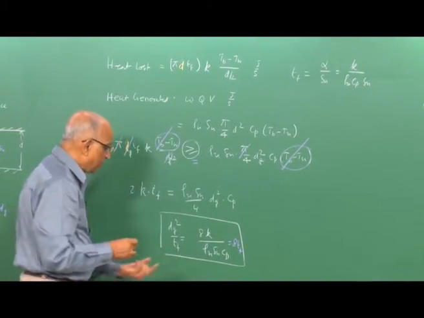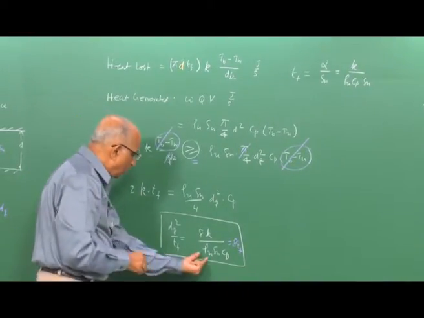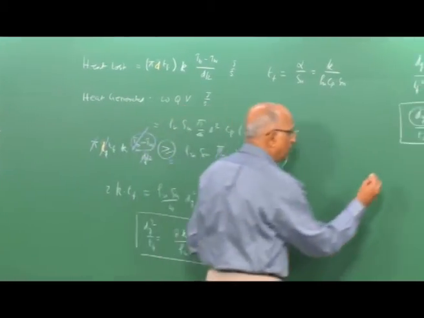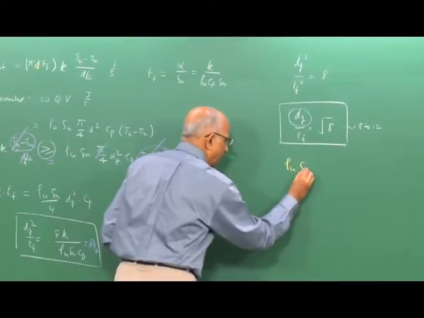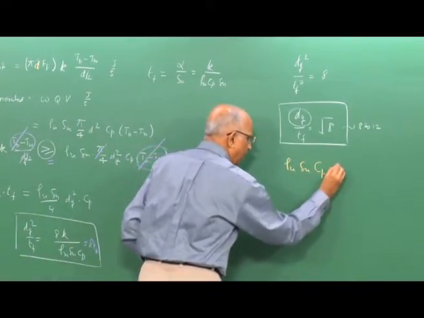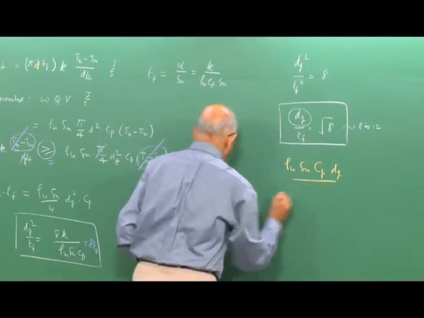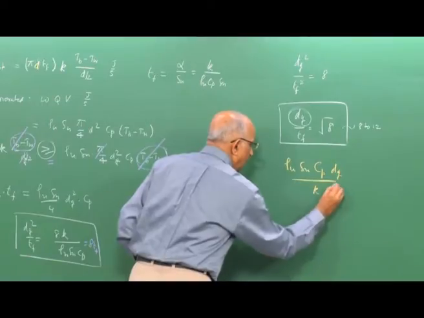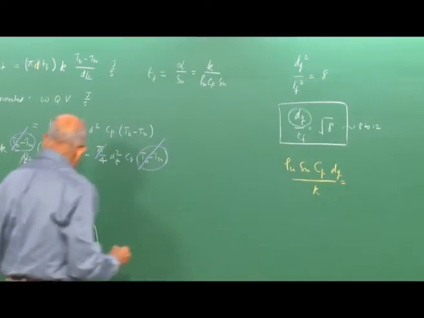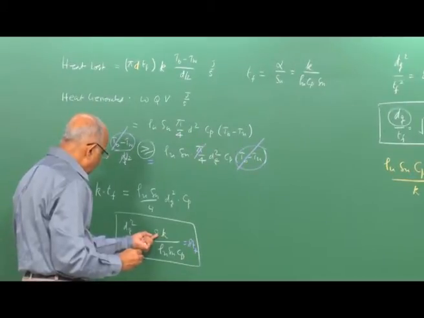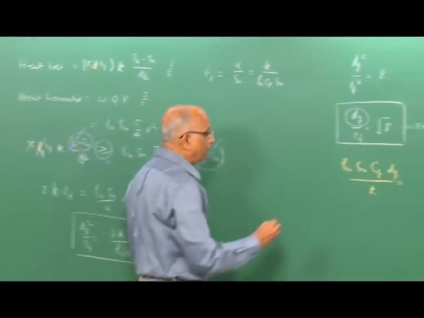I can write this expression again as equal to rho u Su Cp into dq, divided by, I bring k down over here, and this I write as equal to 8 into Tf by dq.